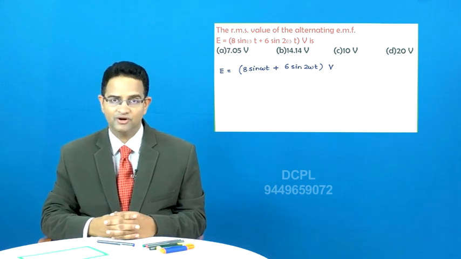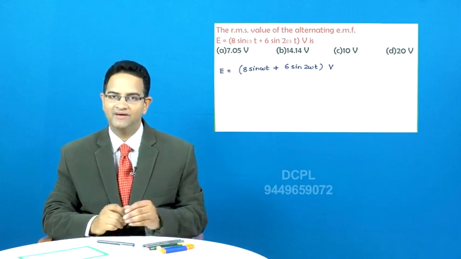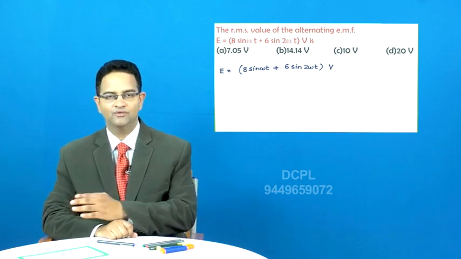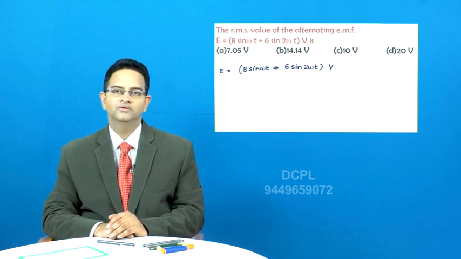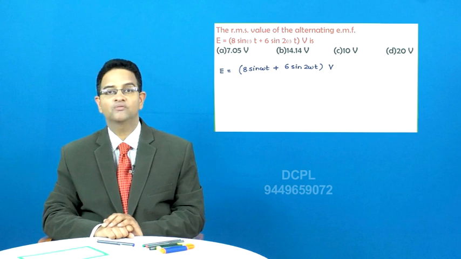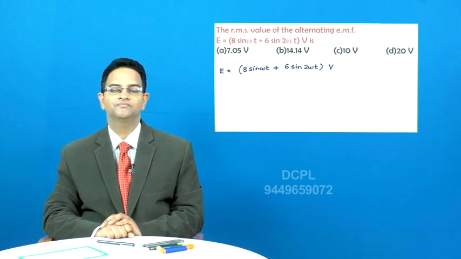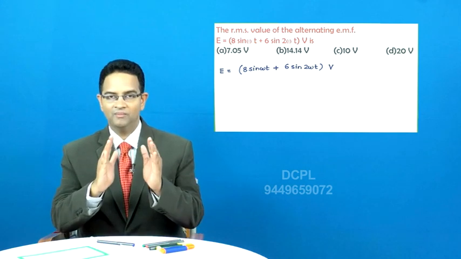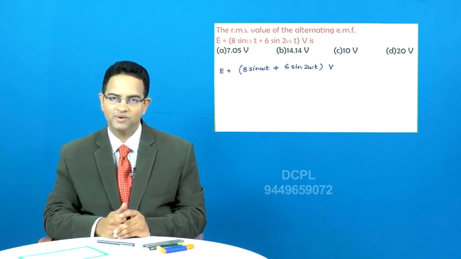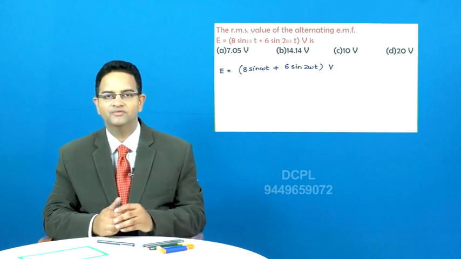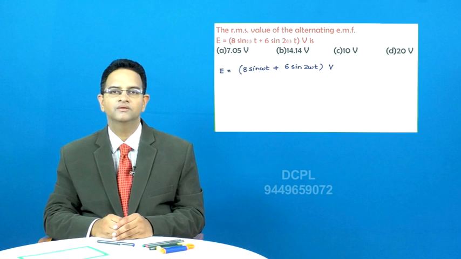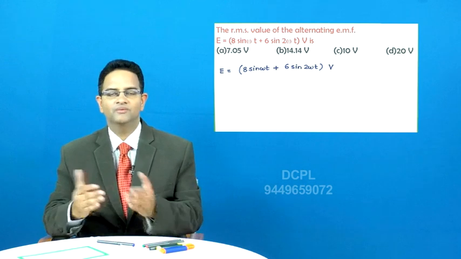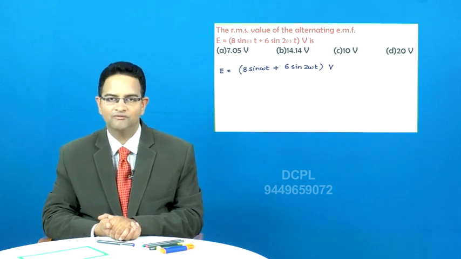Another method is using trigonometry. Let's suppose I have an equation V = V1 sin ωt + V2 sin ωt. I can divide and multiply by the root of E1² + E2². Then E1 by root of E1² + E2² can become sin α, and E2 by root of E1² + E2² can become cos α.